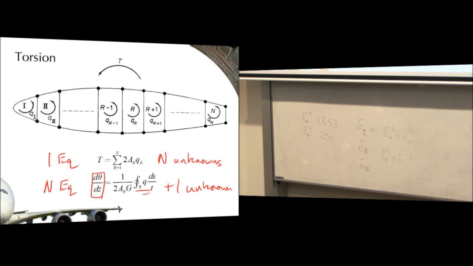We're going to have 3 unknown constant shear flows and 1 unknown rate of twist. The rate of twist in the end doesn't really bother us too much for this problem, but if we needed to know the rate of twist for the whole section, we could solve for that as well. So let's go about setting up the equations that we need. Now, has everyone written this down? I'm just going to clear this now.